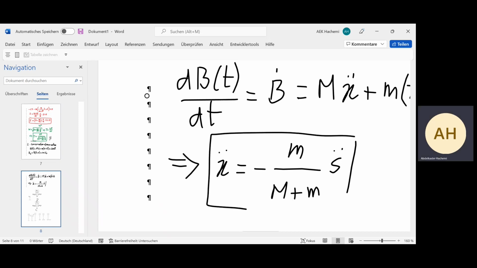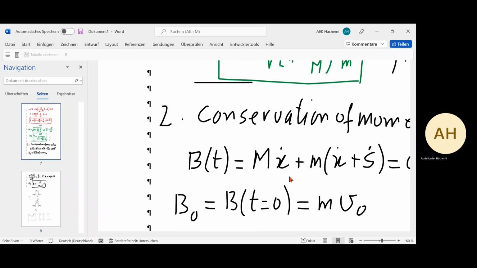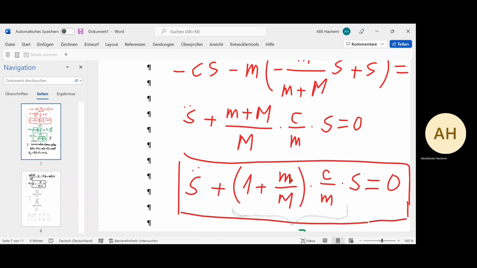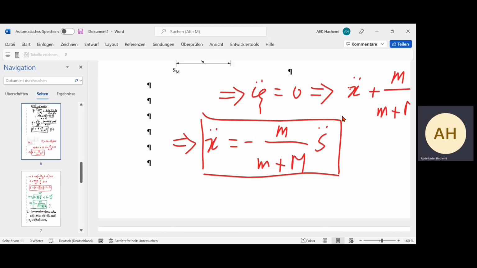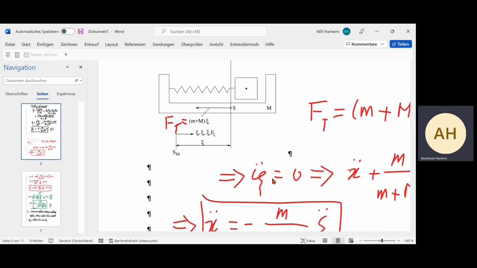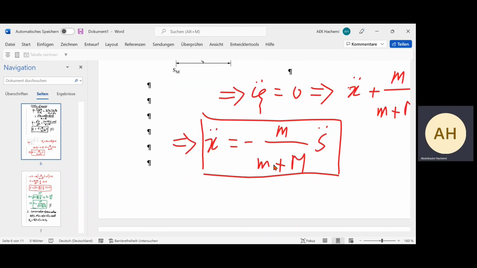And this is the relationship between the frame and the relative acceleration. Now, if we have this relation here, we can see it is the same as the one obtained by D'Alembert.